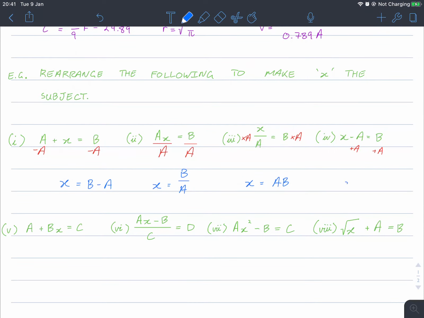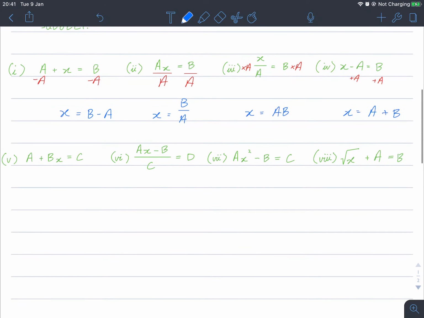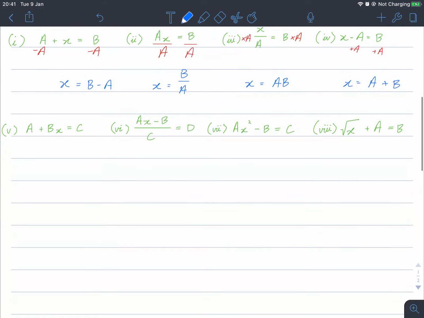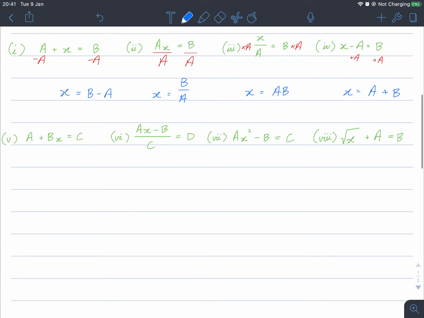This will give us X by itself equaling B plus A, or A plus B. Okay, so those are all pretty straightforward examples. We're going to look at examples where there are more steps involved.